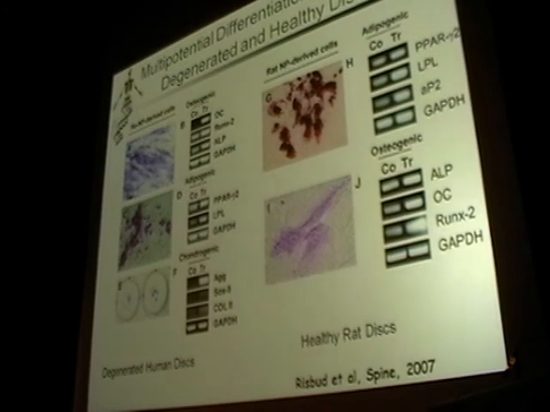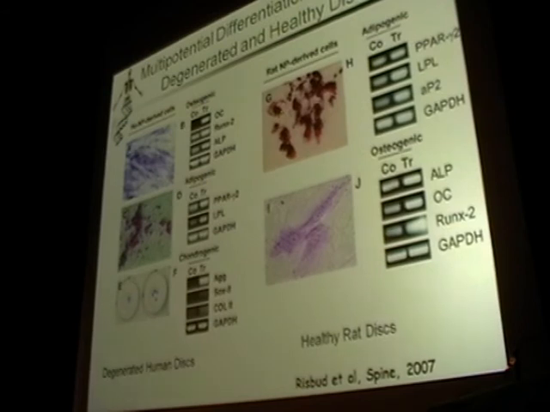Here we hypothesize that if the degeneration of the intervertebral disc is related to these cells, it might be due to the depletion of the number of these cells.